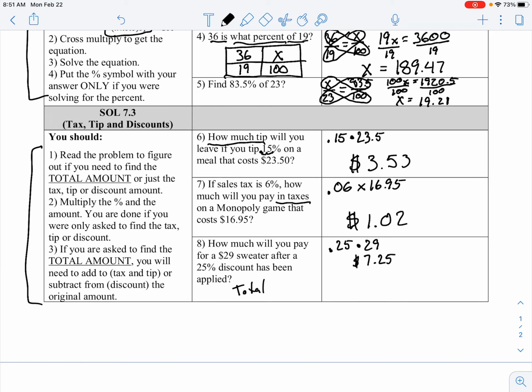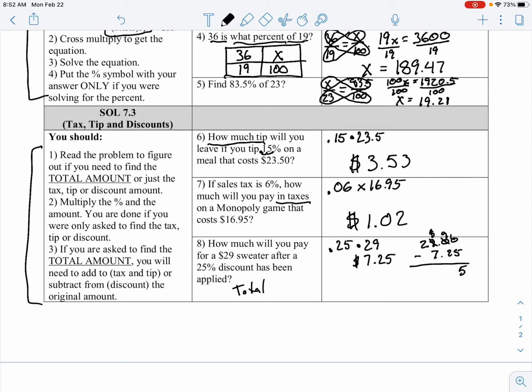Now we want the total, not just the discount amount, right? So there's one more step we have to do here. We have to take our original amount and then subtract off our discount, do a little borrowing action here.